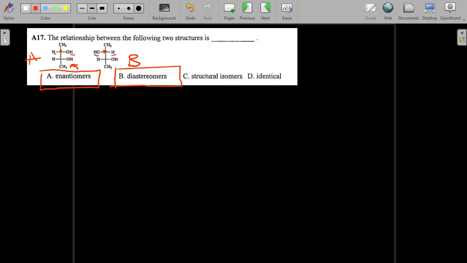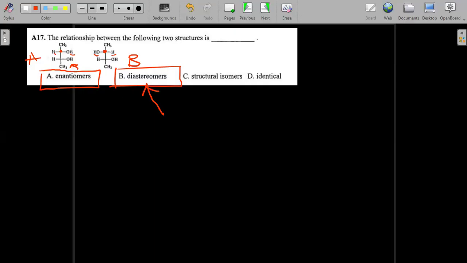There will be that differentiation. So enantiomers are molecules that are not superimposable on each other, and when two molecules differ at one or more chiral centers, we call them diastereomers. So here the best answer should be B.